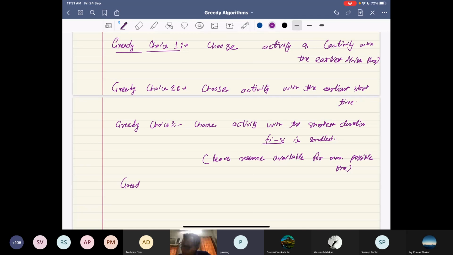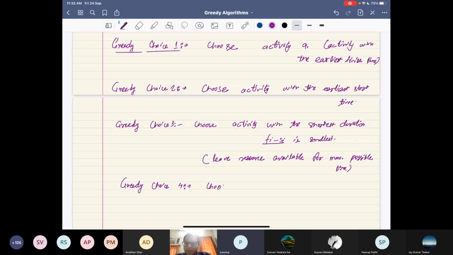Another choice. One more, and then we'll stop. Why don't I choose an activity that has the least number of incompatibilities? All activities have some incompatibilities, right? This is incompatible with 1 activity, or 0 activity, with 2 activity. So I take an activity that has the minimum number of incompatibilities, so that if I take that, that removes very few other activities, right?